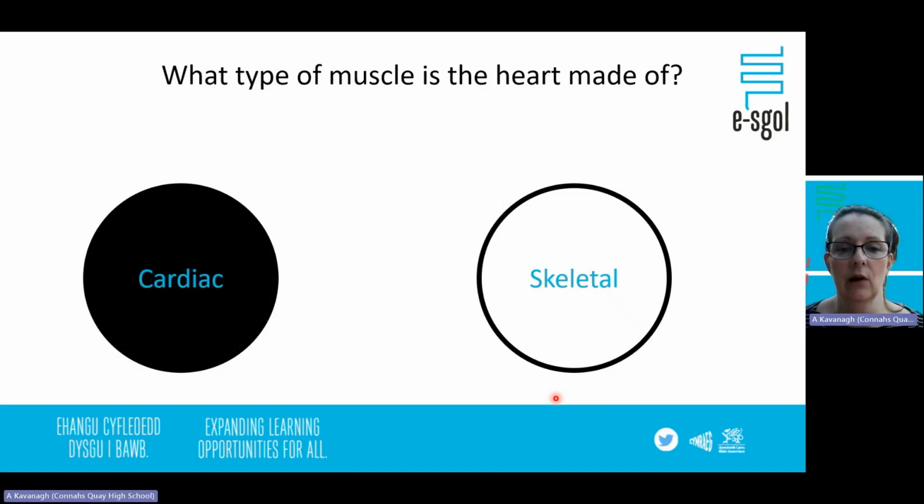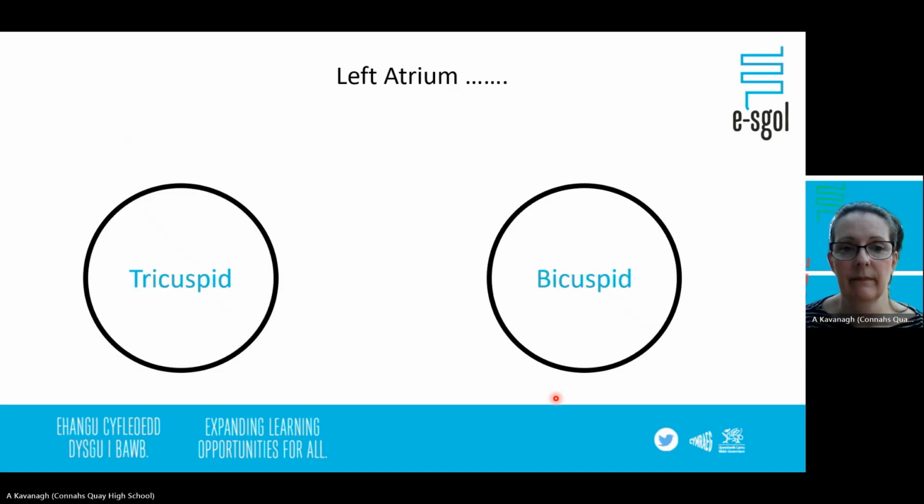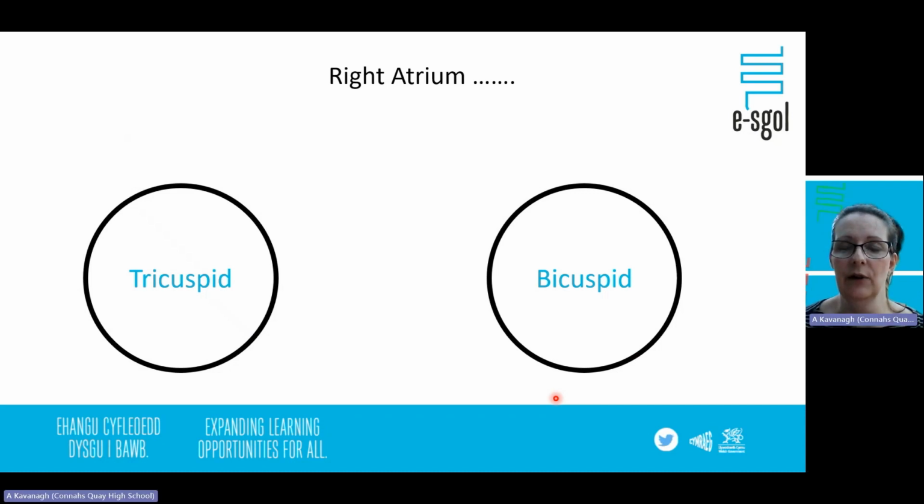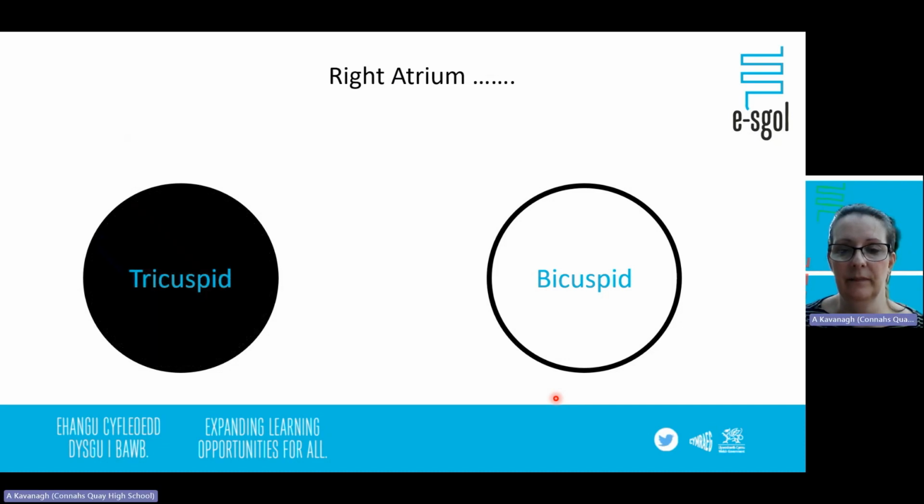So remember, if you remember that term cardiac arrest, anything to do with that term cardiac refers to the heart. And then a reminder of our valve names. In the left atrium, is it the bicuspid valve or is it the tricuspid valve? It's the bicuspid. And in our right atrium, it's the tricuspid valve.